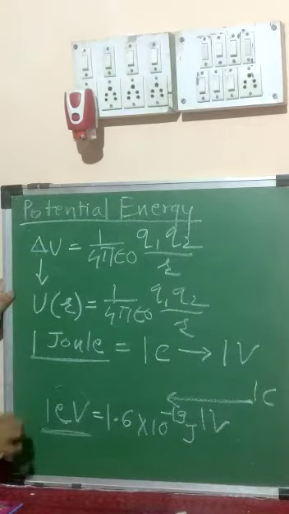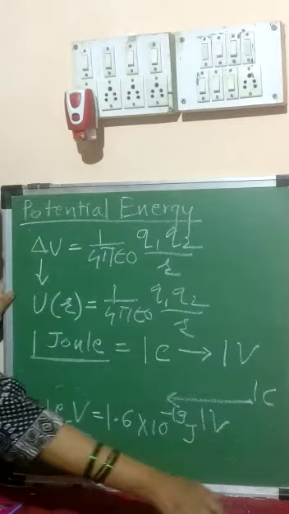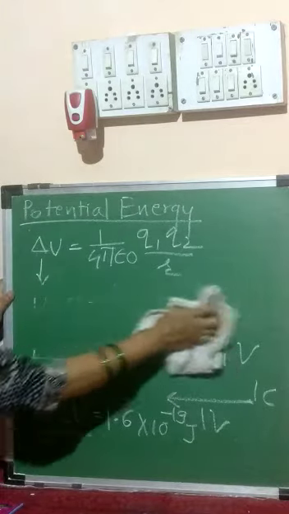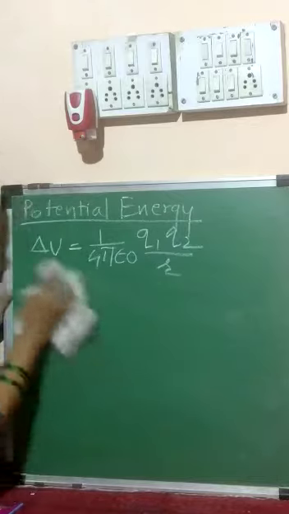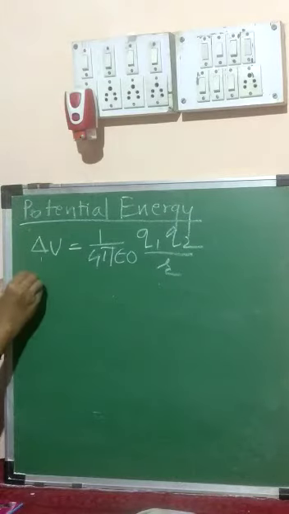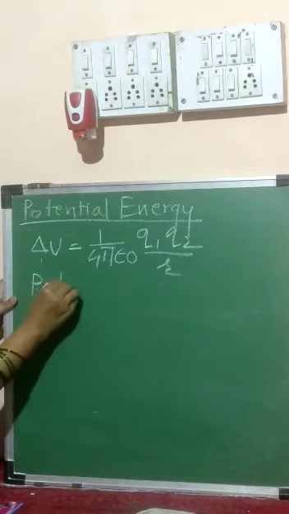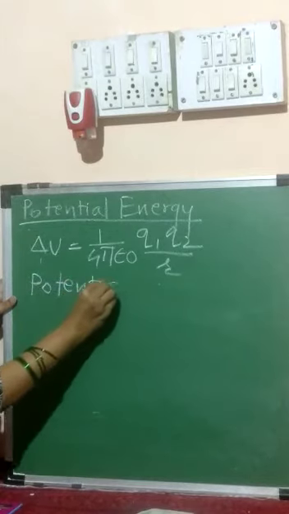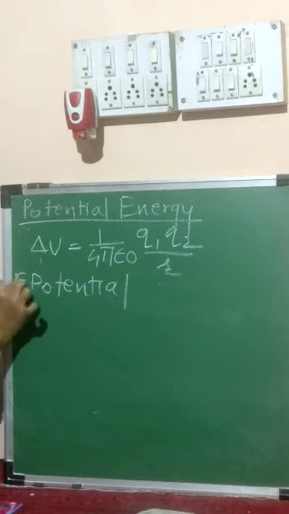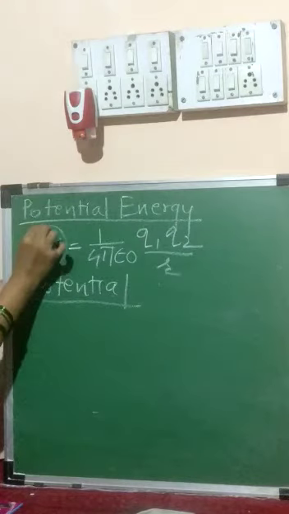Now from this potential energy, we are going to switch over to the concept of electric potential. So from potential energy, we will switch to the concept of electric potential. How do we get this?